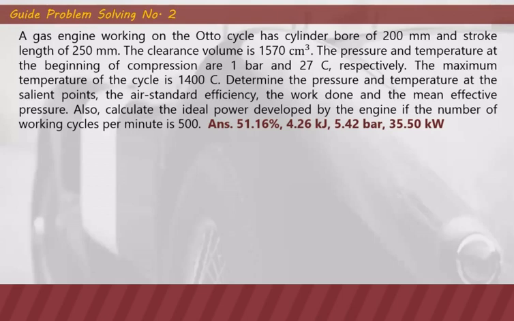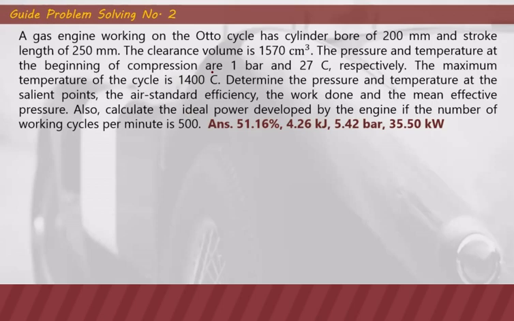The maximum temperature of the cycle is 1,400 degrees Celsius. Determine the pressure and temperature at salient points, the air standard efficiency, the work done, and the mean effective pressure. Also calculate the ideal power developed by the engine if the number of working cycles per minute is 500.